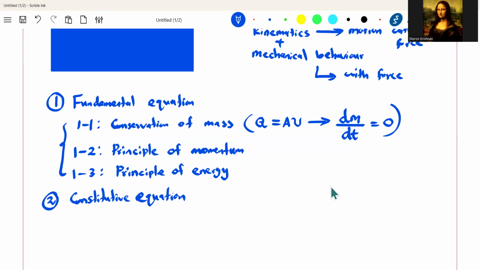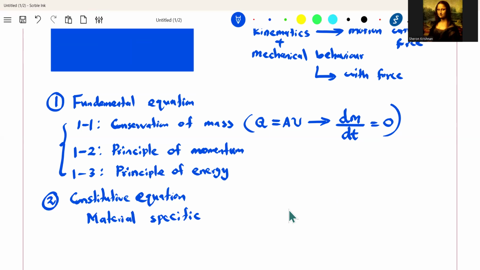These constitutive equations are now material specific. It is not a generalized equation. So for example, you will have one constitutive model for steel. You cannot use the same equation to study the behavior of concrete. So this is material specific.